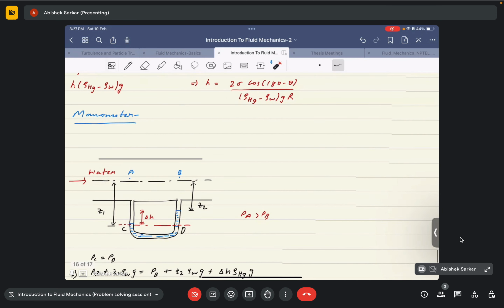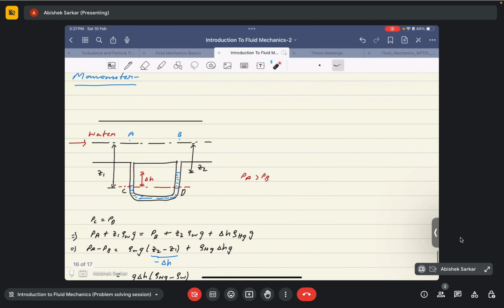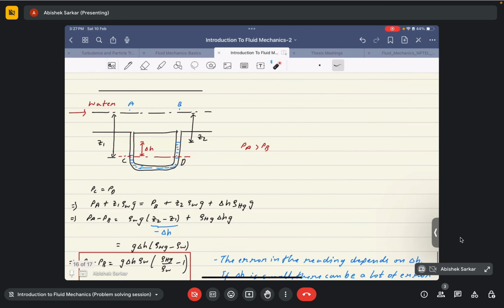So finally we have come to the final topic for today's discussion, the principle of manometry. A manometer is specifically used to measure the pressure difference between any two points in a piping system.